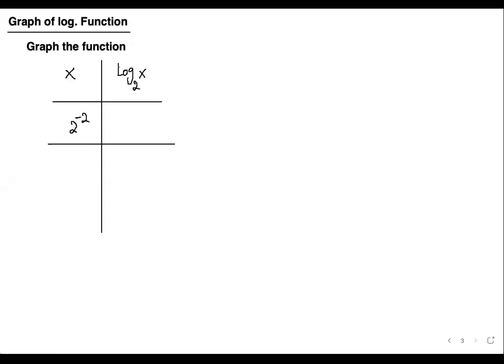The second value is 2 to the minus 1. The third value is 2 to the power 0. And 2 to the power 1. And 2 to the power 2. Okay. Can anyone plug the first value inside the logarithm and give me the answer?